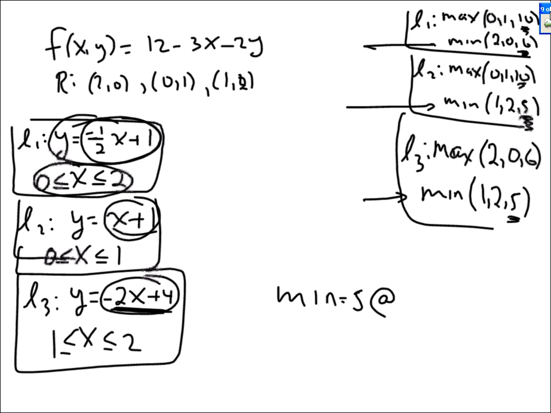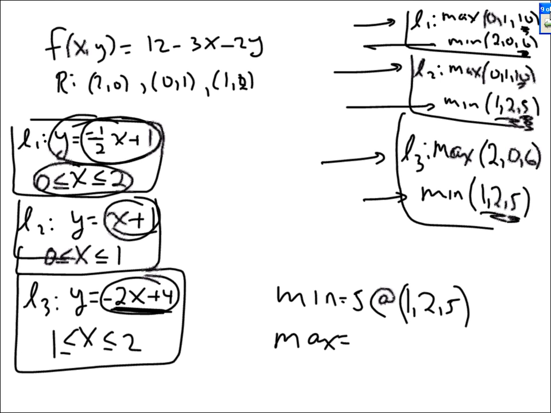And it happened that they both say (1, 2, 5). You have a max. Here the max is 6. Here it's 10. That's bigger. And here it's 10. So the max is 10. And they were both the same points, (0, 1, 10).